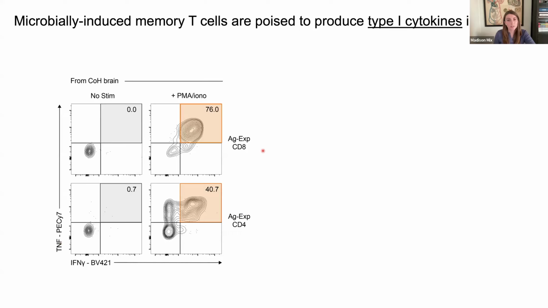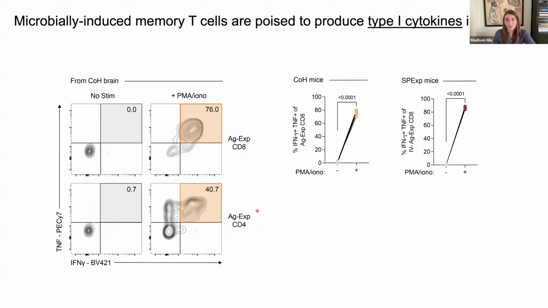And what we observed is that if we looked at our antigen experienced CD8s and CD4s, there was this profound ability following 4 to 5 hours of PMA ionomycin stimulation to produce cytokine. This was true across co-housed and specific pathogen experienced mice among our CD8 T cells.